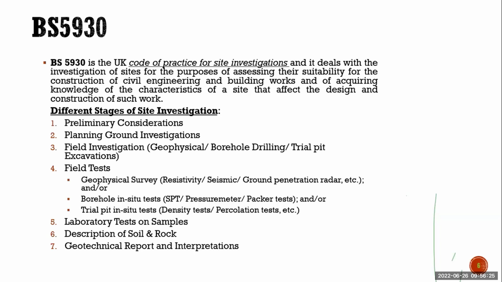For example, as per the standard, the SPT uses a 63.5 kg hammer with a fall of 760 millimeters, and for every 150 millimeters of penetration, they collect the number of blows.